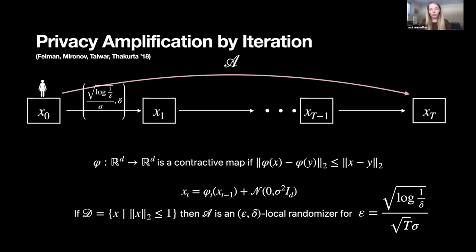Their proof is not stated in terms of epsilon-delta DP, it's stated in terms of something called Rényi differential privacy, which is very similar, except that you replace the indistinguishability condition with the condition that the Rényi divergence between the random variables has to be small. Rényi differential privacy has lots of nice properties. In particular, it composes a little better. So this is a slightly stronger statement in their paper than what I've presented here.